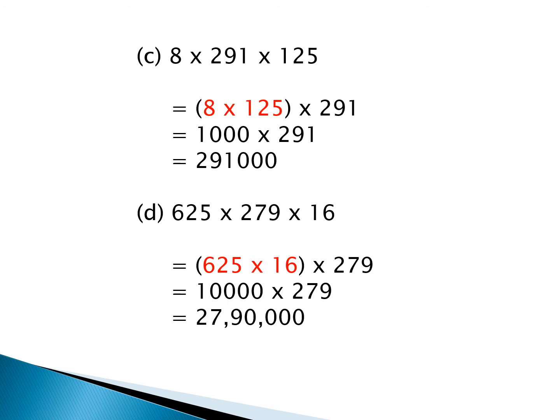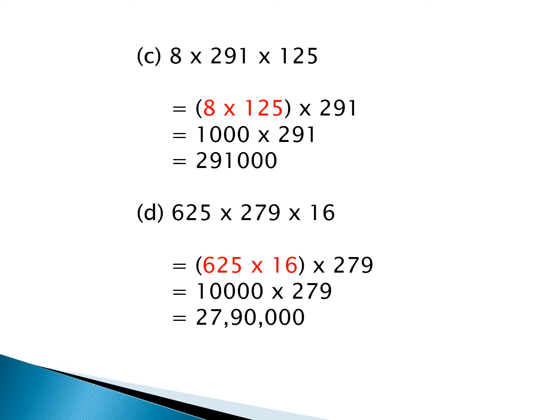Now come to the D part. 625 multiply 279 multiply 16. Now in this question, 625 will be multiplied by 16 and they are written in the bracket. 625 multiply 16. Now why are they multiplied together? Because by multiplying 6 by 5 we will get 30.